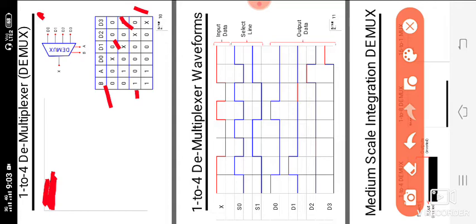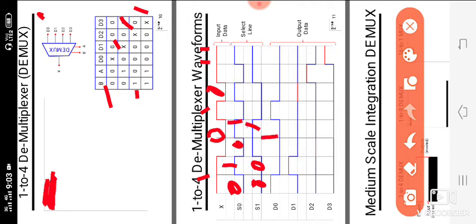Based on the truth table, we design the waveforms for the mux. Here is x, with the input pattern 1 0 1 0 1. We apply selection lines 0 0 here, then the next input pattern 1 0 0 1 1 1.